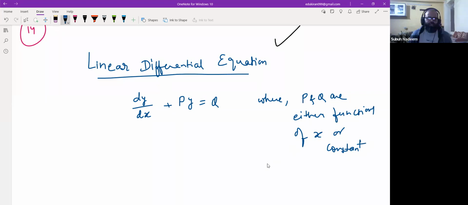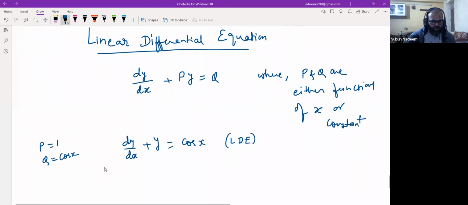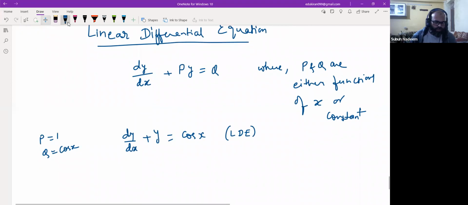For example, dy by dx plus y is equal to cos x. So this is a linear differential equation. Why is it linear? Because here p is 1, which is a constant, q is cos x, which is a function of x. The coefficient of y is p, and the right hand side is q.